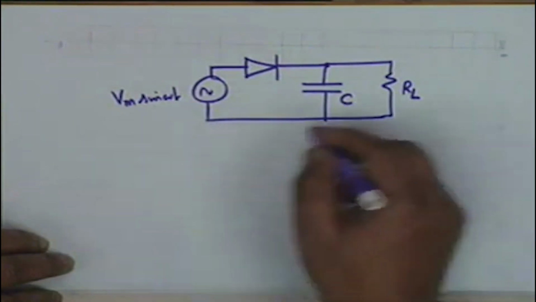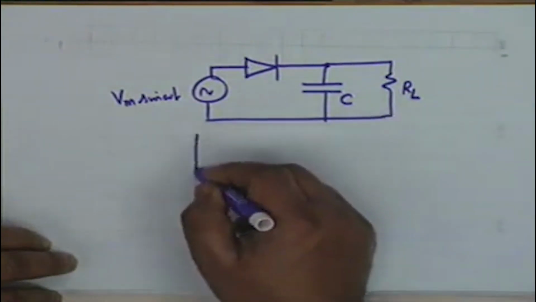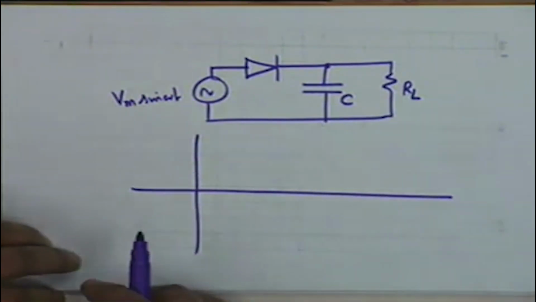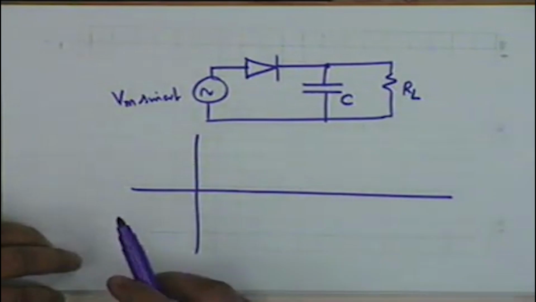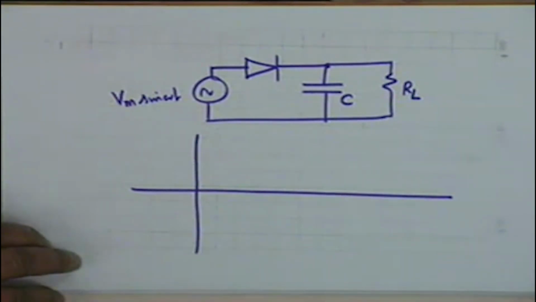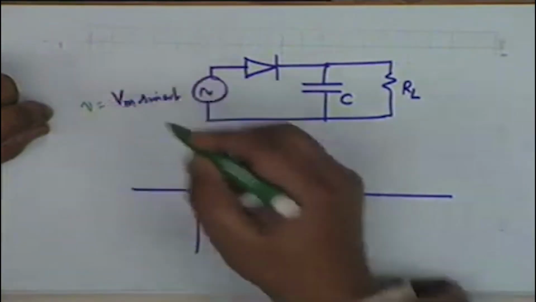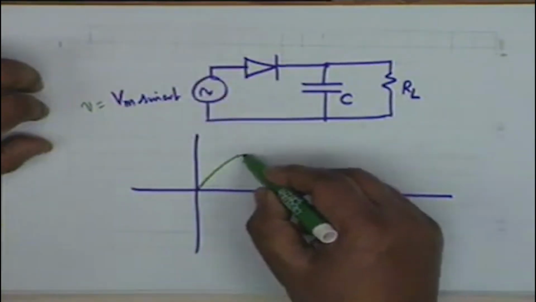Then you know that without the capacitor, let us look at the voltage. Waveform of V first. Waveform of V is like this.